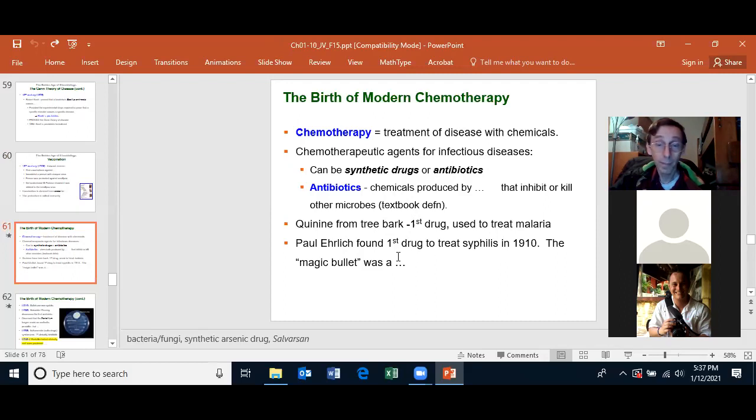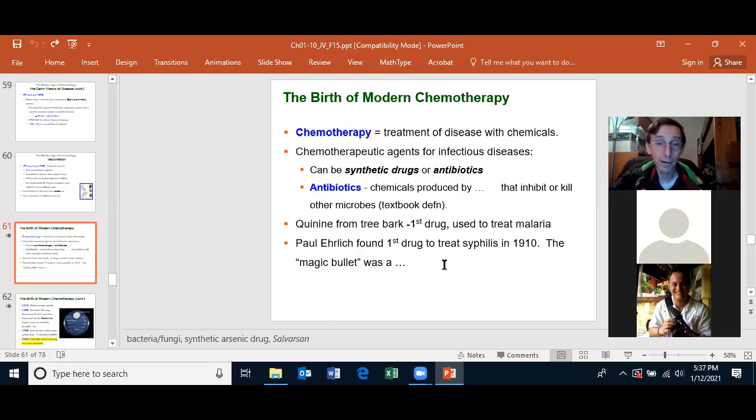Paul Ehrlich then went on to look for drugs to treat diseases, and he found the first drug to treat a disease, syphilis, in 1910. He called it a magic bullet to kill disease. And a patient could take his treatment and then be cured of syphilis as early as 1910.